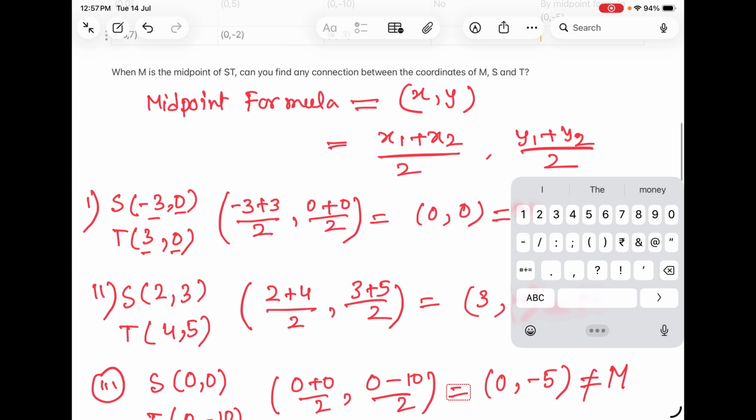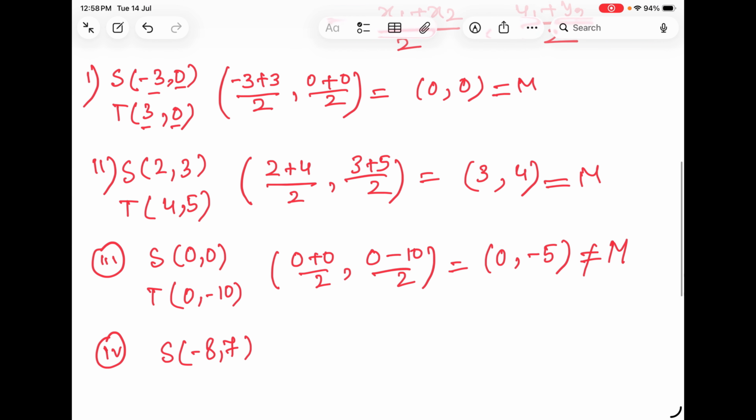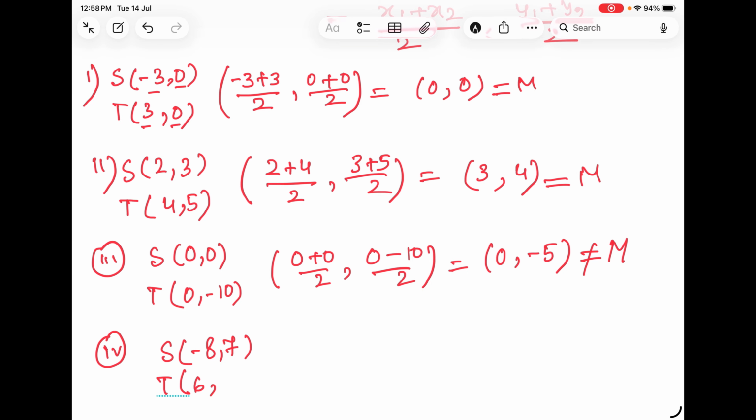The next one is S given (minus 8, 7), and T is given (6, minus 3). Find out the midpoint of ST. (Minus 8 plus 6) by 2, and (7 plus minus 3) by 2, equals minus 2 by 2, minus 1, and 7 minus 3 is 4, 4 by 2, 2.